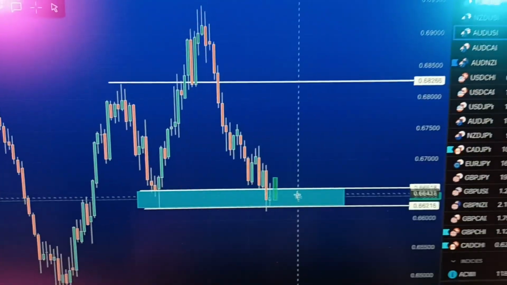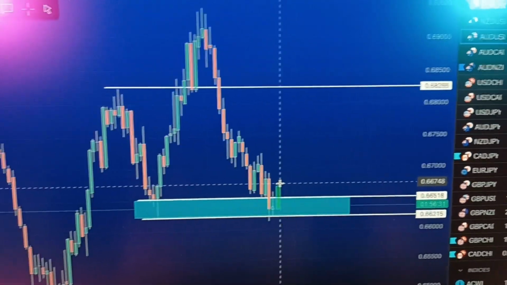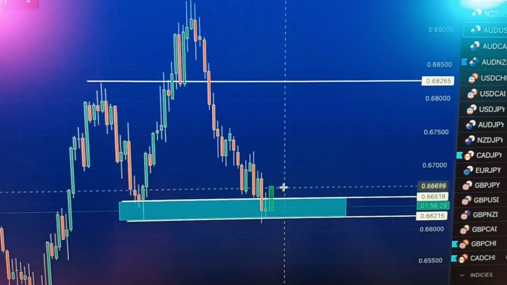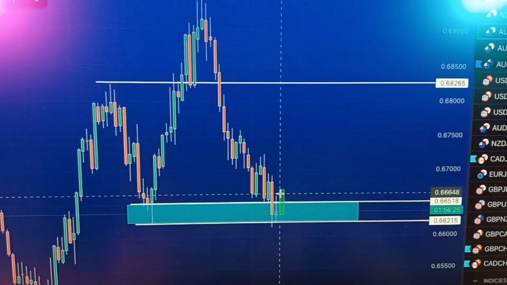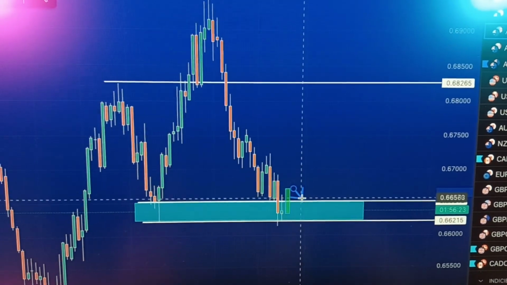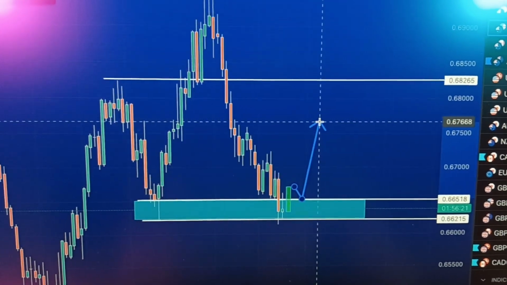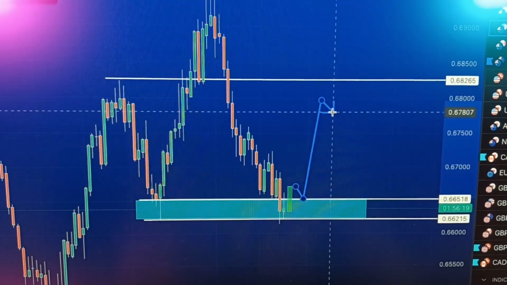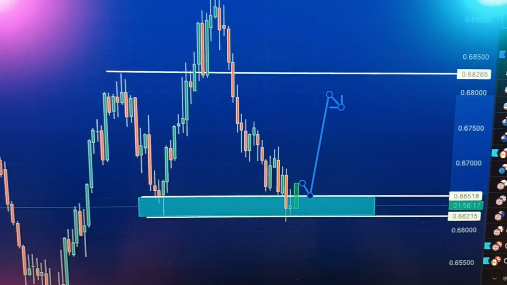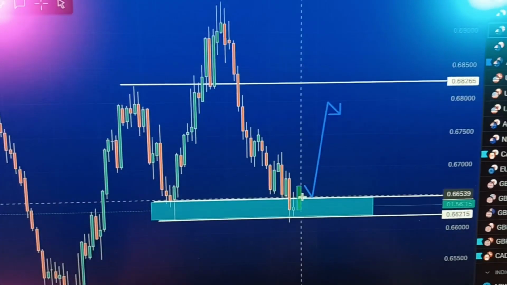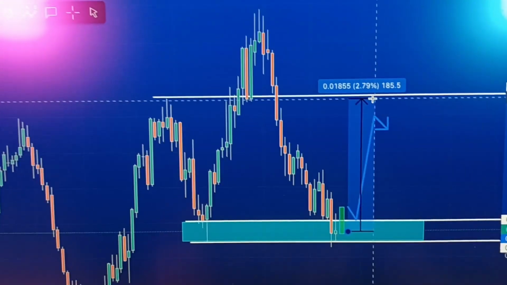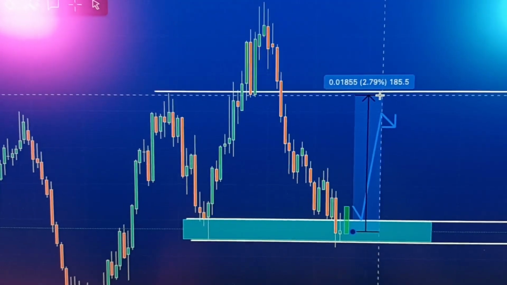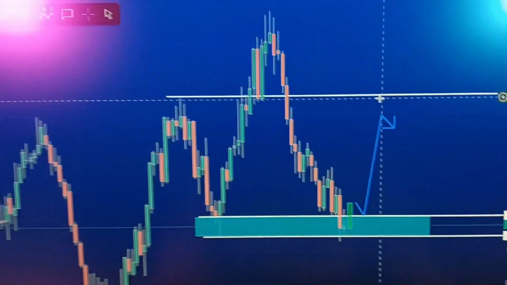And if this closes like that, then next week, perfect. Then the weekly on the next week, due to this daily signal confirmation, should then turn green, right? Again, some pullback and then come up, right? Eventually all the way up here. So here also I'm expecting a nice long possibility from the current point. This will be 800, this will be 180 pips. 800 is a little bit much.